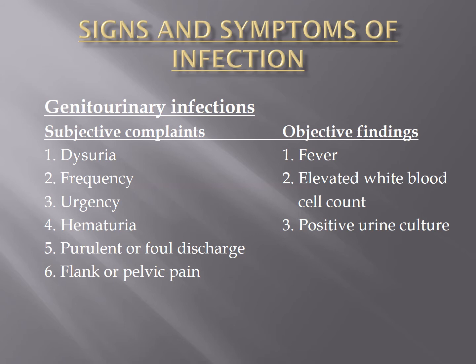I hope you will guess what would cause this flank pain. What kind of infection would cause this type of pain? The objective findings would include fever, elevated white blood cell count, and positive urine culture.